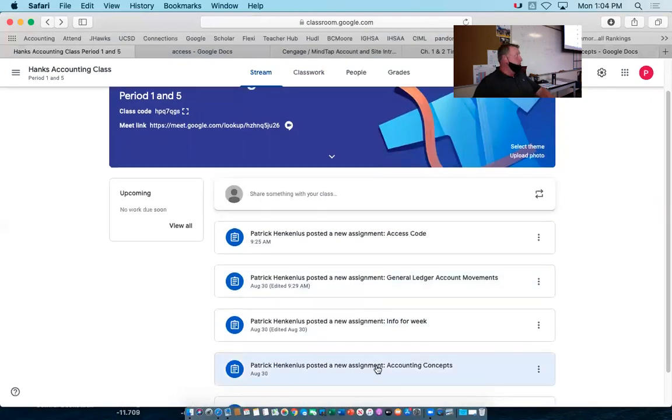You can always use them on your tests. Usually there'll be a test question about, blah, blah, is the accounting concept of objective evidence, and that would be source documents, or whatever they might be. They're here for you so that you don't have to memorize them, but they help you get the idea behind it, and you're going to use these as references.